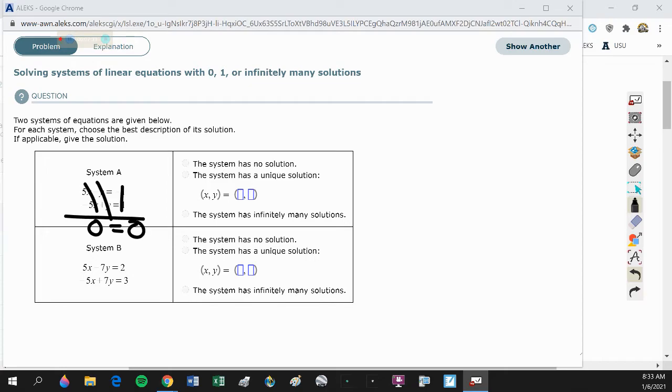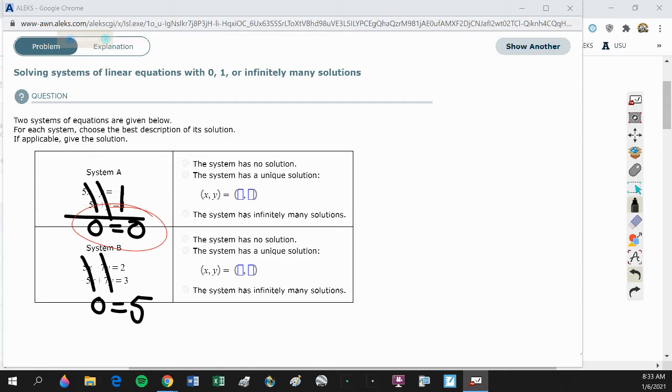Okay, but on the next one, the x's cancel and the y's cancel, and I get 0 equals 5. What does that mean? One of them is no solution, and the other one is infinite solutions. Which is which? Right. When is that a true statement? Anytime.